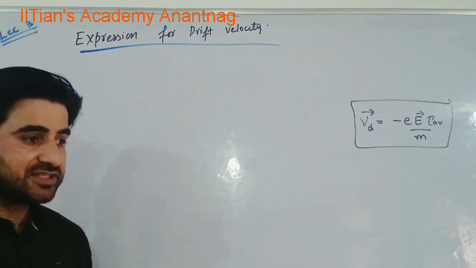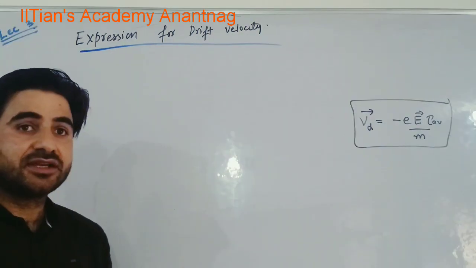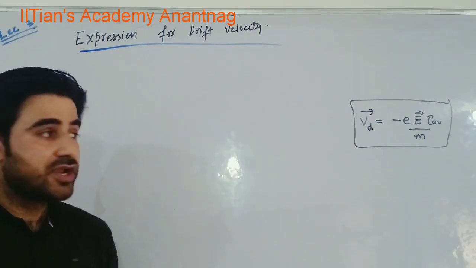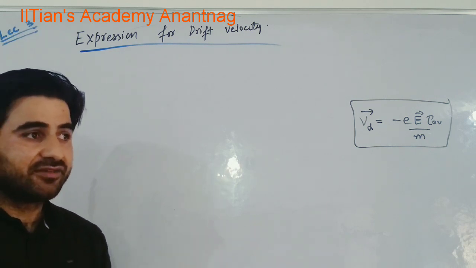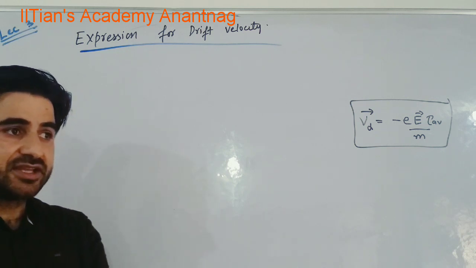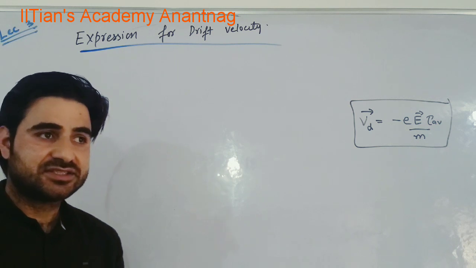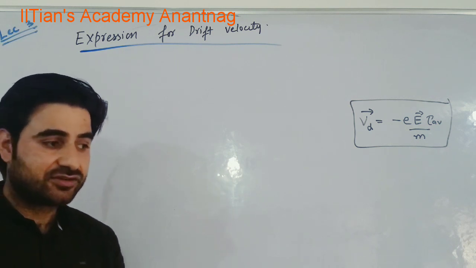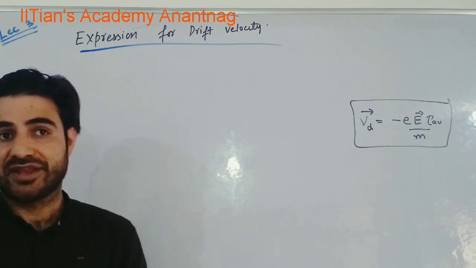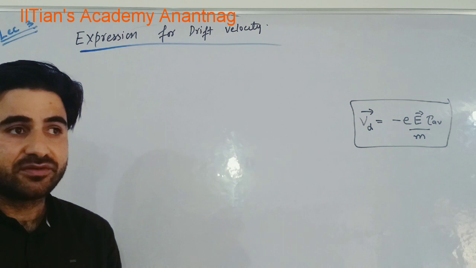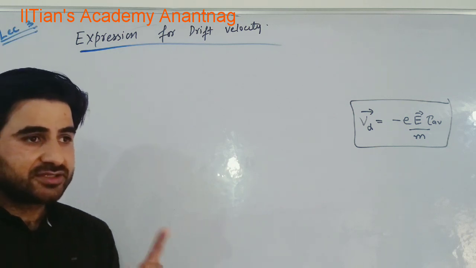So their velocity is increasing due to the electric field, but simultaneously there are collisions with the kernels or with the metal ions, due to which there is retardation. So due to the electric field there was acceleration, velocity was increasing, but due to collision there is retardation, velocity is decreasing. So overall we could see velocity is neither increasing nor decreasing. The electron is moving with a finite constant terminal velocity in a direction opposite to the direction of the electric field, that is drift velocity. But when we derive the expression, I told you I cannot take only a single electron into account.